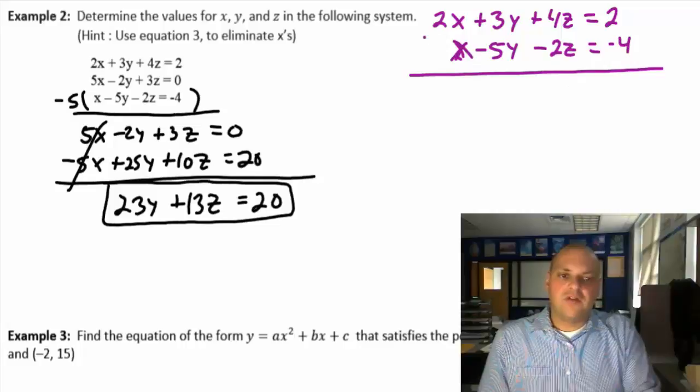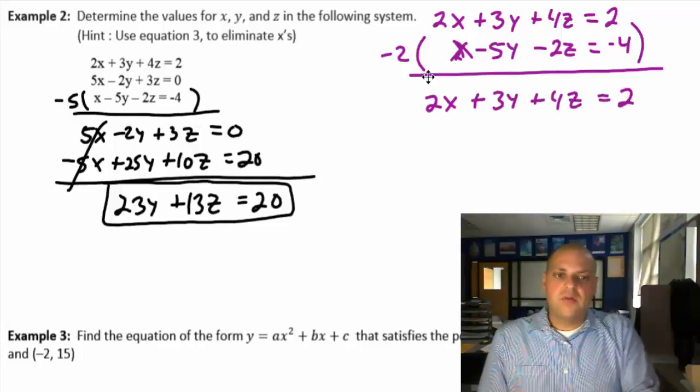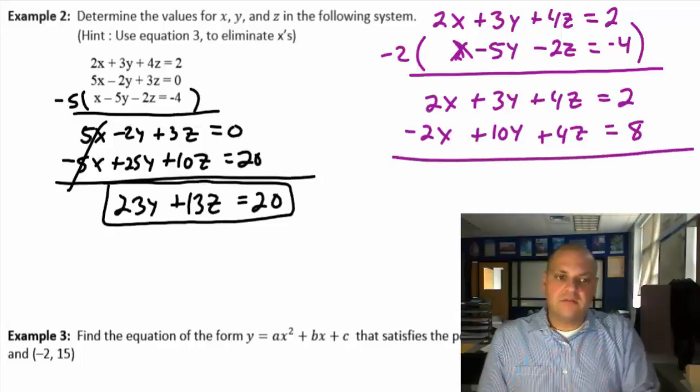So we're going to multiply by -2 here. So I have 2x plus 3y plus 4z equals 2, and this bottom equation becomes -2x, which is going to drop out, plus 10y plus 4z equals 8. So now I have 13y plus 8z equals 10.